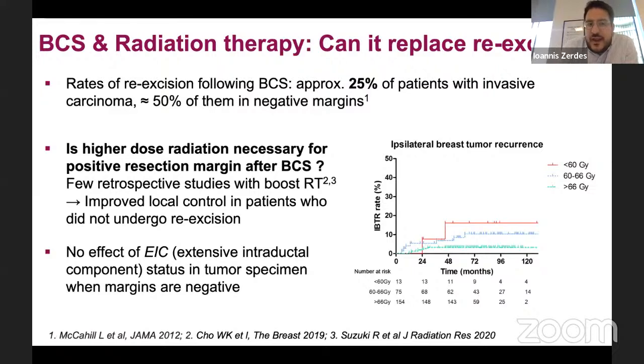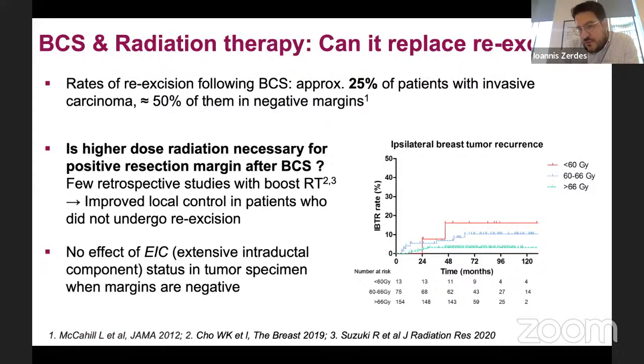Given that the rates of re-excision following breast cancer surgery could be approximately in 1/3 of patients, and half of them, of these re-excisions, have been performed in negative margins, there is a question if radiation therapy plus breast conserving surgery can replace re-excision, and especially if a higher dose of radiation therapy would be necessary for positive resection margin after breast conserving surgery.